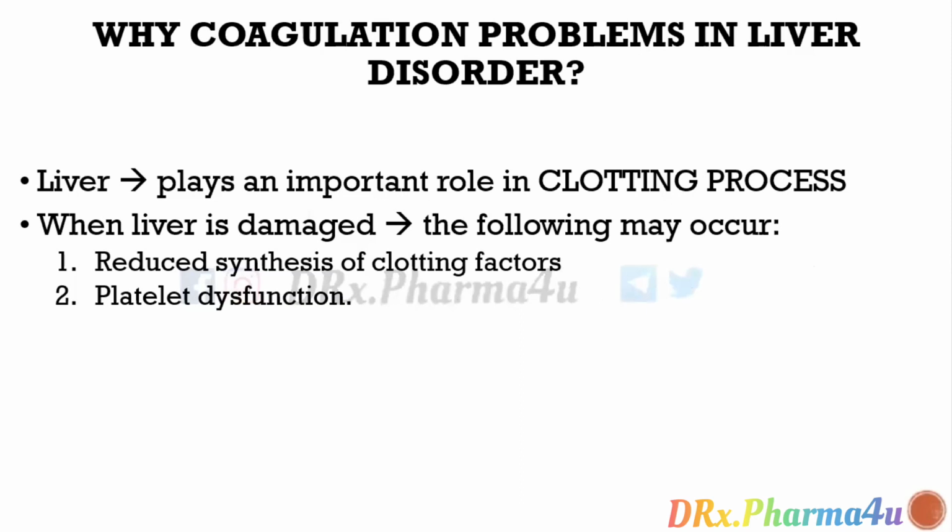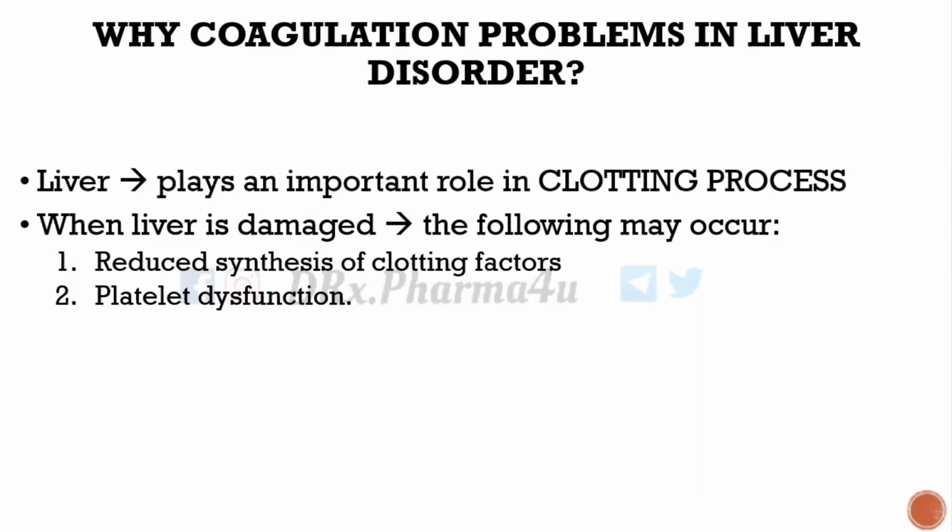Why coagulation problems in liver disorder? So liver actually plays an important role in clotting process, and that is why in majority of patients who are having liver problems, whether it is disease induced or drug induced, they usually have bleeding related problems or coagulopathy. Because when the liver is damaged, the following may occur: reduced synthesis of clotting factors.